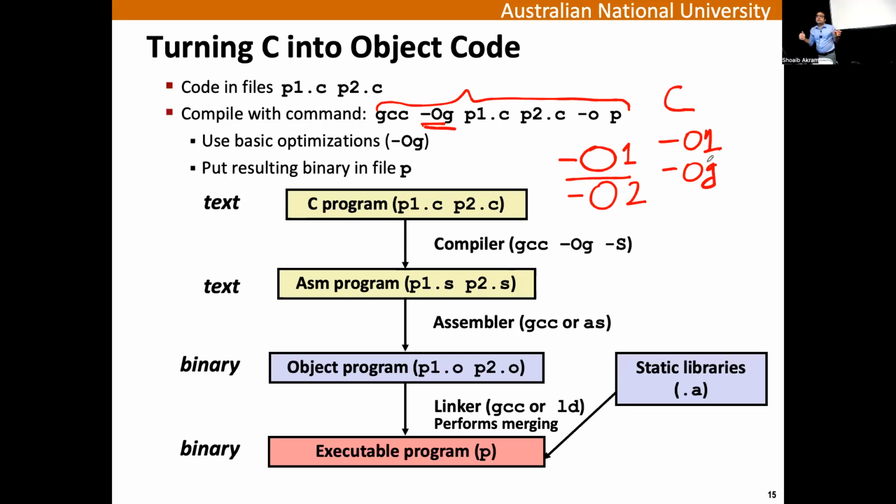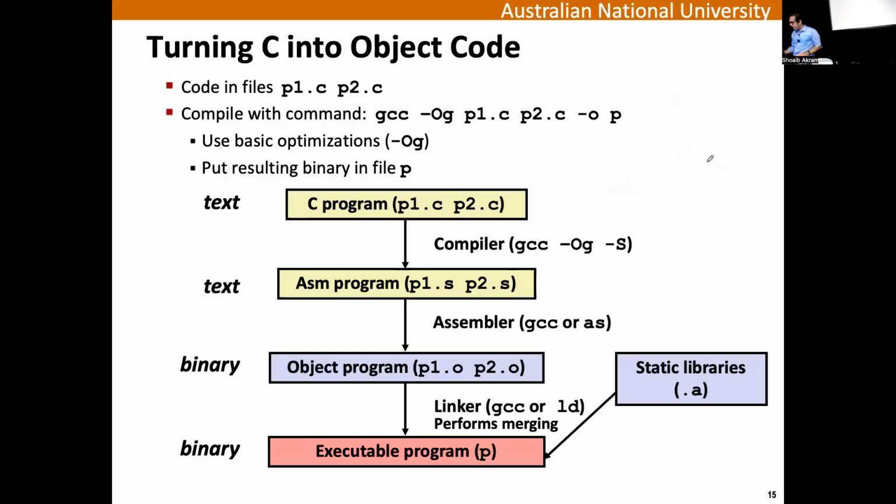And sometimes you want to tell the compiler not to do certain optimizations because it could lead to security vulnerabilities, or there may be other reasons you don't want the compiler to do optimizations. So that's why there is a -O flag that tells the compiler what level of optimizations to do. -O1 and -Og do the same thing, but when you go to -O3, you see the code is really transformed.